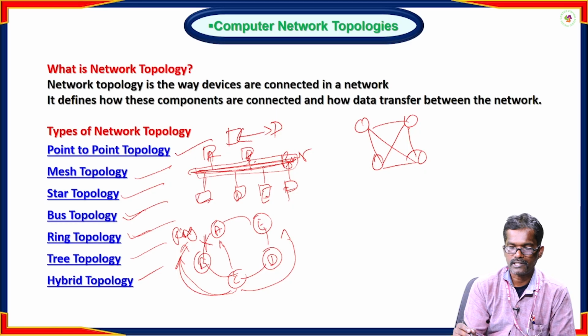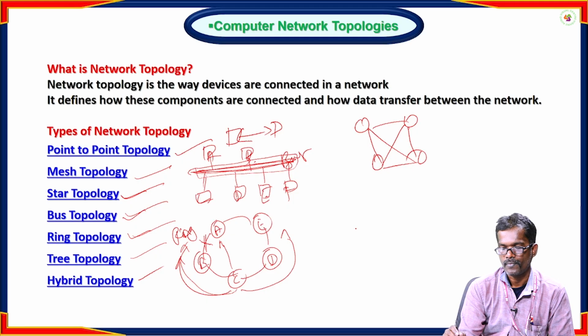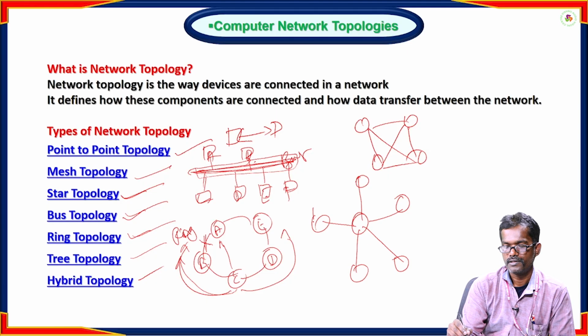And then coming to the bus topology, already we have seen. And then coming to the star topology. Star topology means you are having one system. Okay, system A, B, C, D, E. These are the systems which are connected in the form of a star, where here we cannot access the system directly.